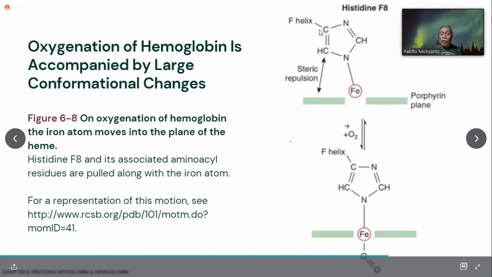Now when oxygen comes in, look, when oxygen comes in, all right, the iron pulls this spiral ring down into the plane. Okay, very slight movement only.